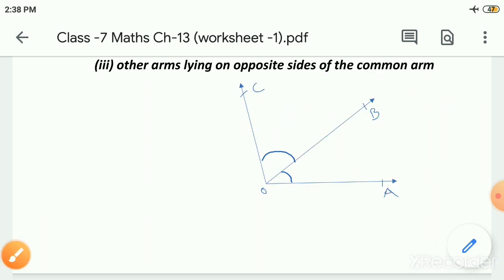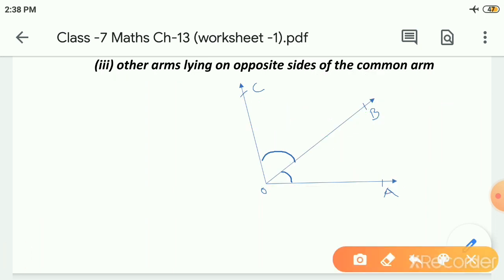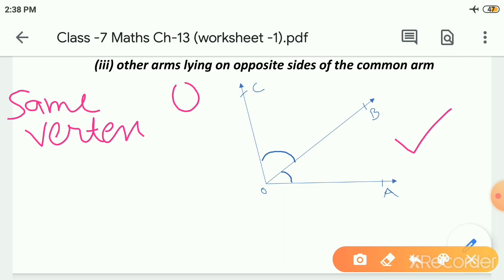So now we can say about this figure. What is the same vertex for this figure? It is point O, because point O is the common vertex from where both the angles are formed. And this ray OB is the common arm.